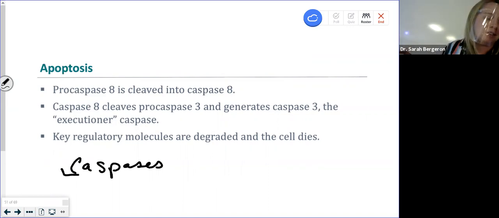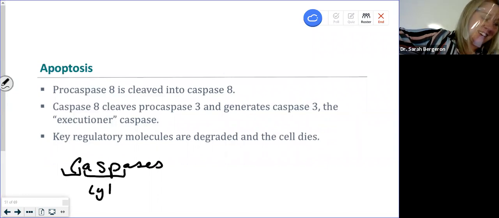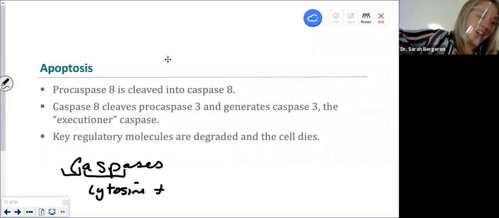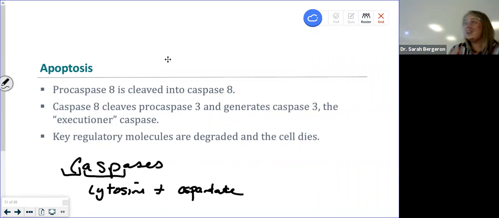Can you guess which two? Yes, cysteine. And I heard it, aspartate. Right? So these are going to be enzymes that cleave at those two residues.